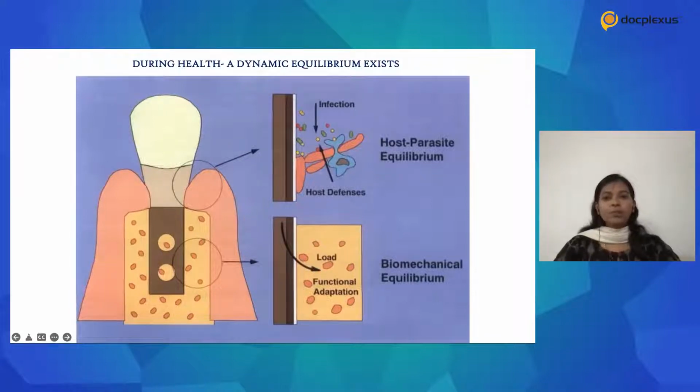Along with a microbial component, a mechanical load component also leads to peri-implant diseases. So only when the host-parasite relationship is in equilibrium, and also when the biomechanical part is in equilibrium, you will be able to enhance the survival rate of the implants.